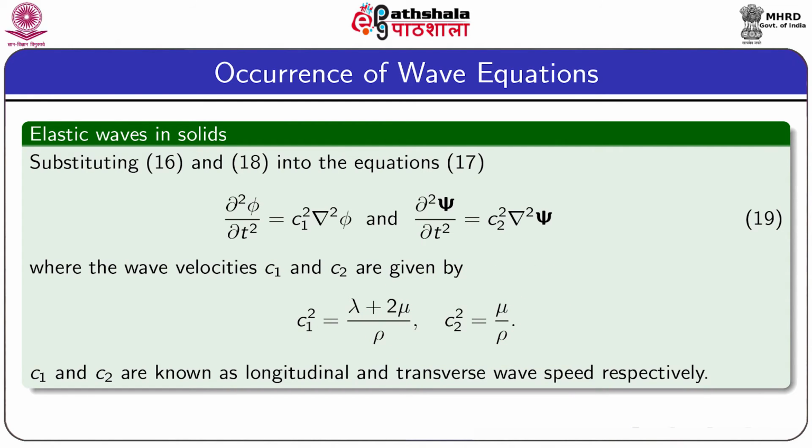These C1 and C2 are known as longitudinal and transverse wave speeds respectively. So, from equation 19, both phi and psi satisfy the wave equation.